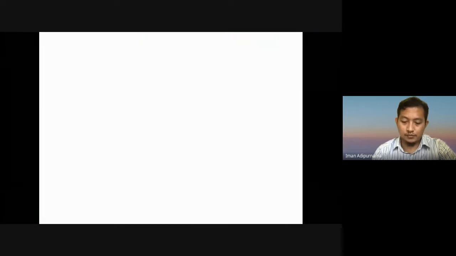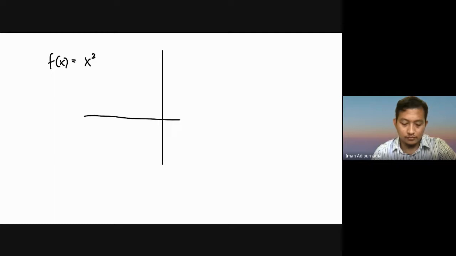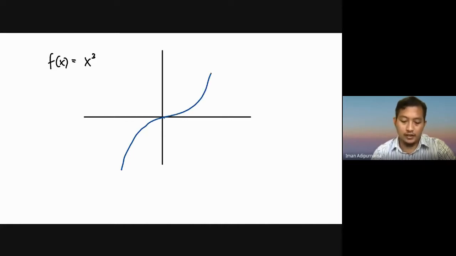Okay, let me give you another example. If I have x cubed, if you draw it, it probably looks like that.